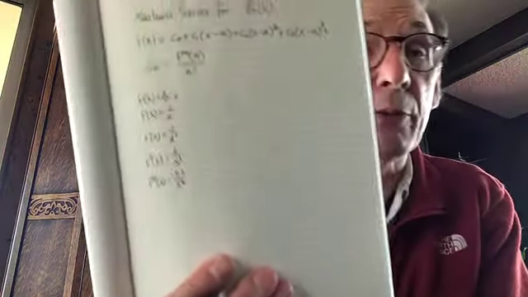Second derivative is minus 1 over x squared. Third derivative is 2 over x cubed. Fourth derivative, usually it takes 4 to see what the pattern is, 2 times 3, minus 2 times 3 over x to the fourth. And so there's a few of the derivatives.